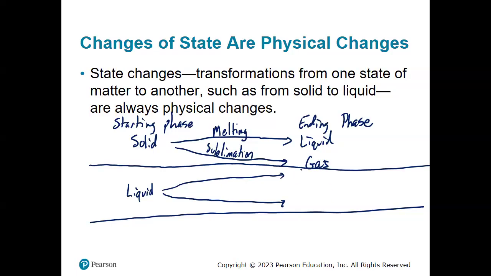Liquids can go from liquid to solid or liquid to gas. We know from experience that when we take a liquid and turn it into a solid, we freeze it. So this process is known as freezing.